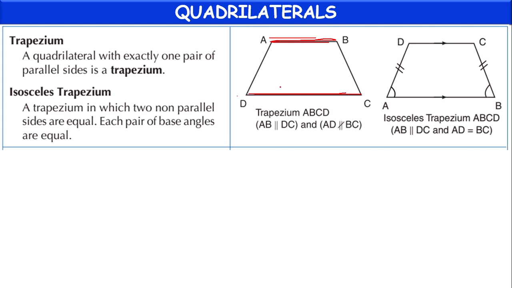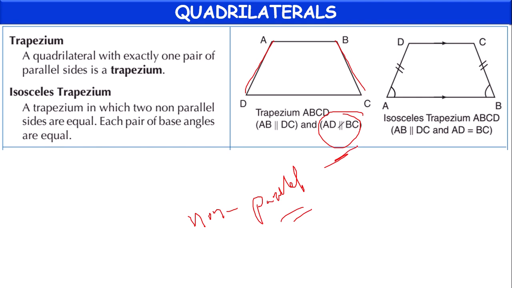If AB is parallel to CD, only one pair parallel, they are not equal. This AD, BC, are called non-parallel sides. So they are not equal. Then it is called as a trapezium.